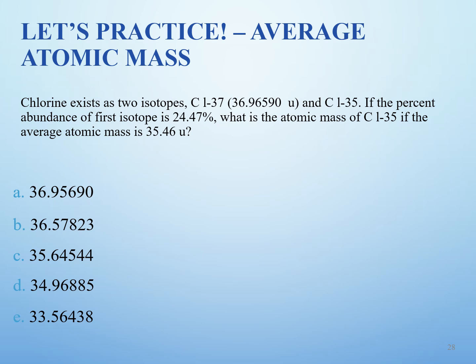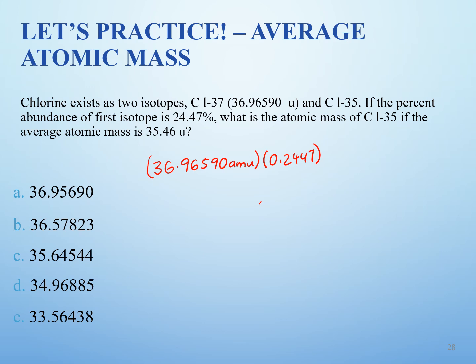We would take the abundance of the first one, so abundance times the mass. You can write down 36.96590 AMU times the abundance of the first one, which is 0.2447.